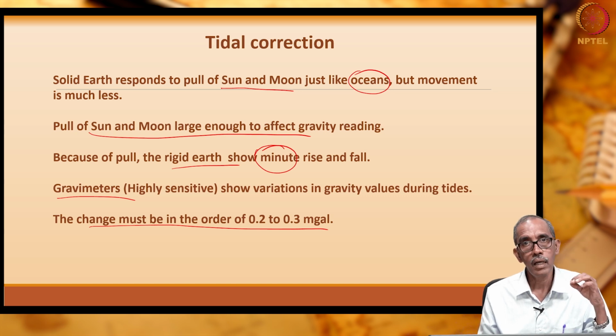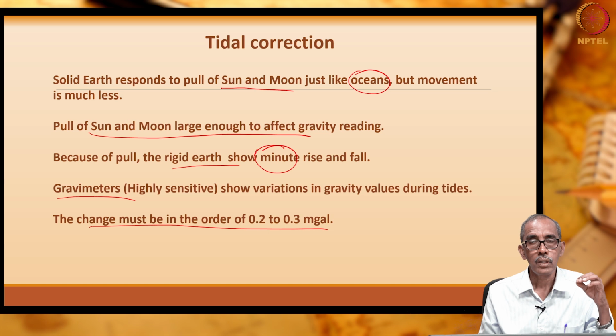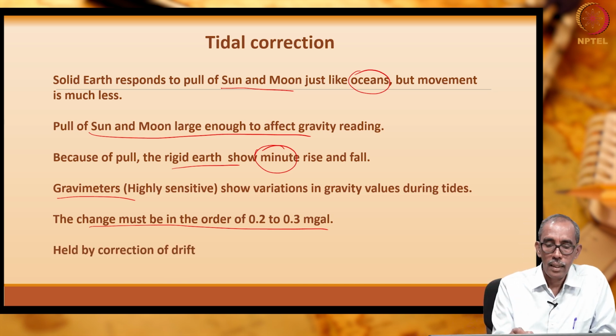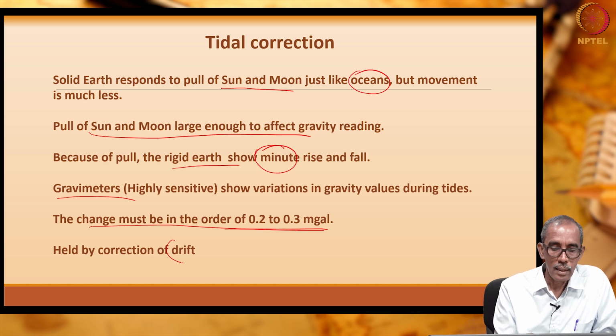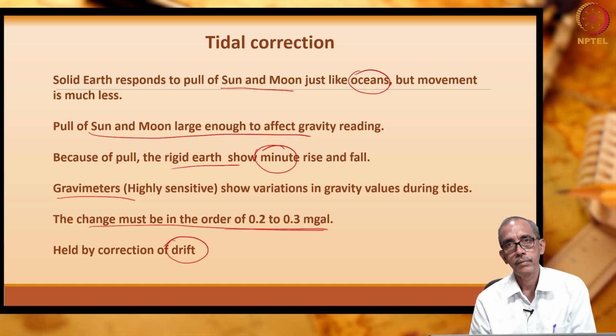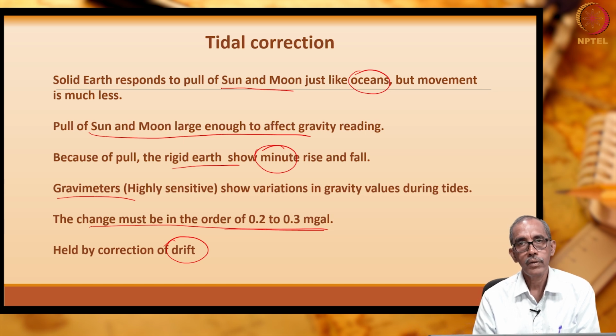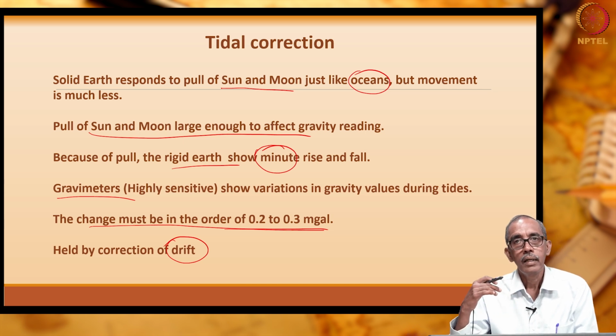That is what we are looking for. So, in order to look for that, we have to eliminate the effect of these tidal variations, right. So, this is carried out by understanding what is the drift of the equipment. That means, what do we mean by drift? How the equipment performs at different times.